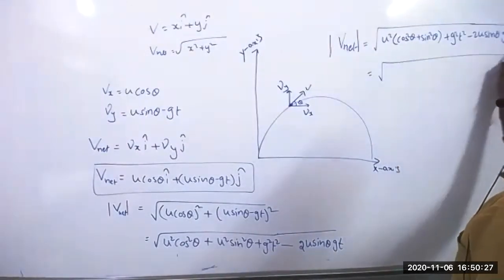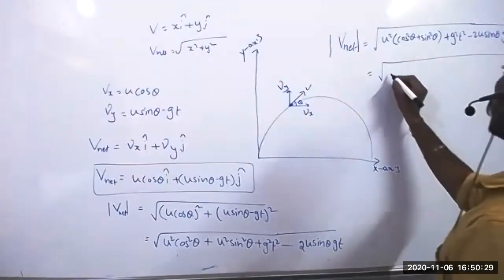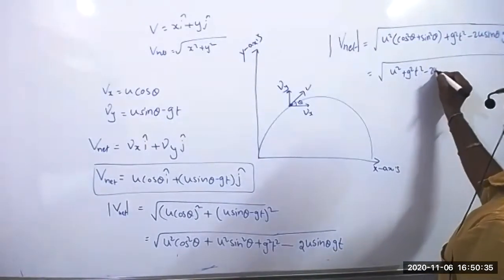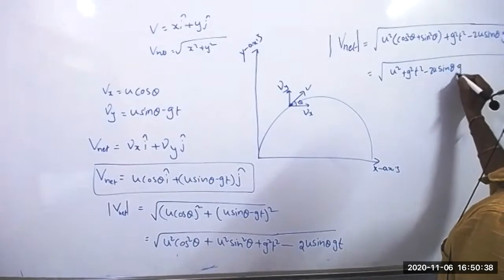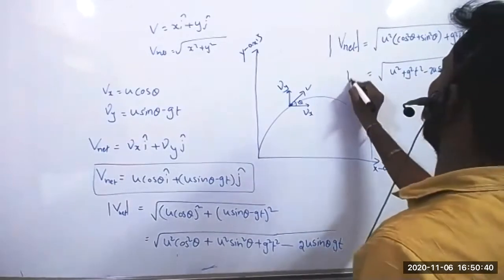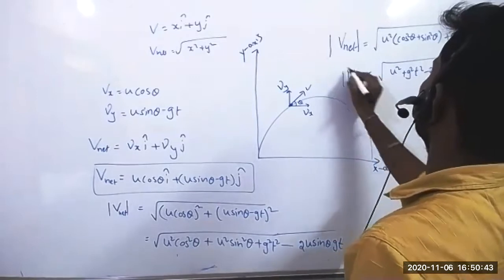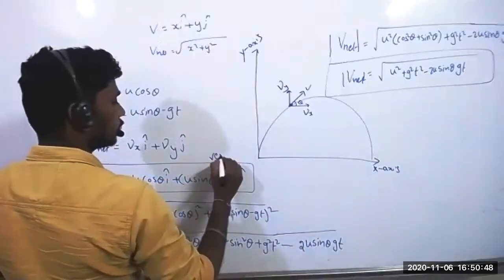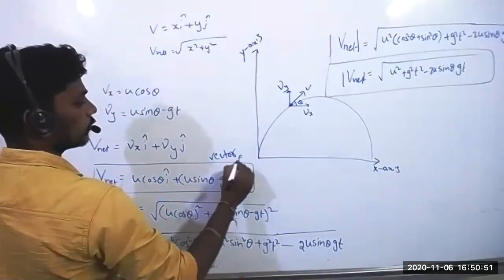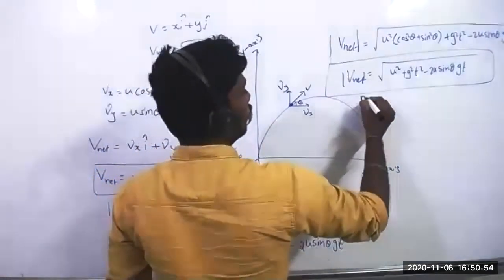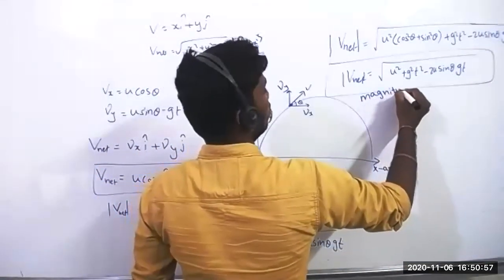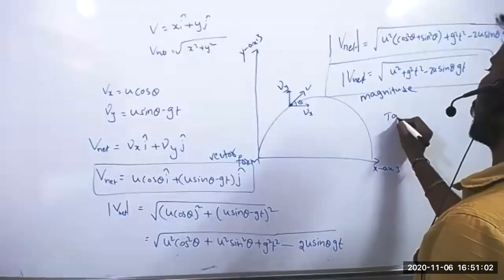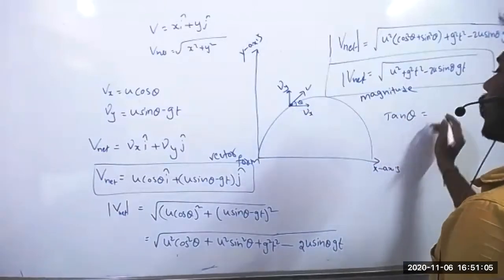So sin square theta plus cos square theta equals 1. So it is root over u square plus g square t square minus 2 u sin theta into gt. It is the magnitude form of velocity, and the earlier one is the vector form. So if you want the direction, tan theta, tell me tan theta equals how much from this?